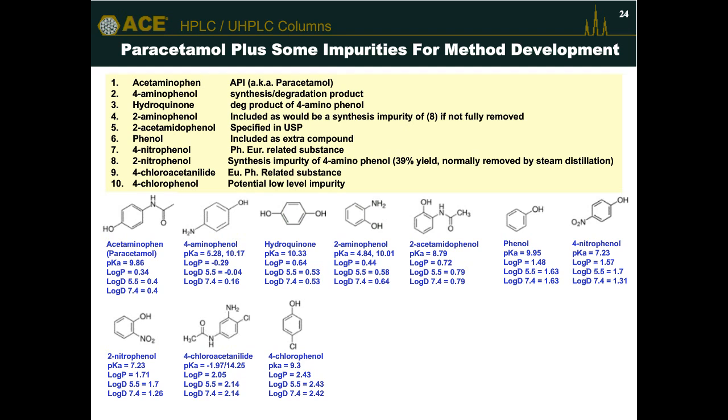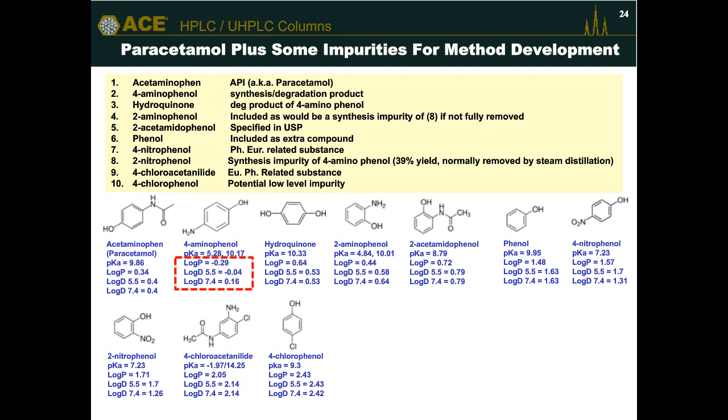And this is a good example. This is a compound, and there are a number of impurities that we know the data for. We know the physical and chemical data. So it's important to assess each of the compounds to make sure our conditions are appropriate. Now, this is also a good example because one of the compounds here has a property that we need to be careful of.